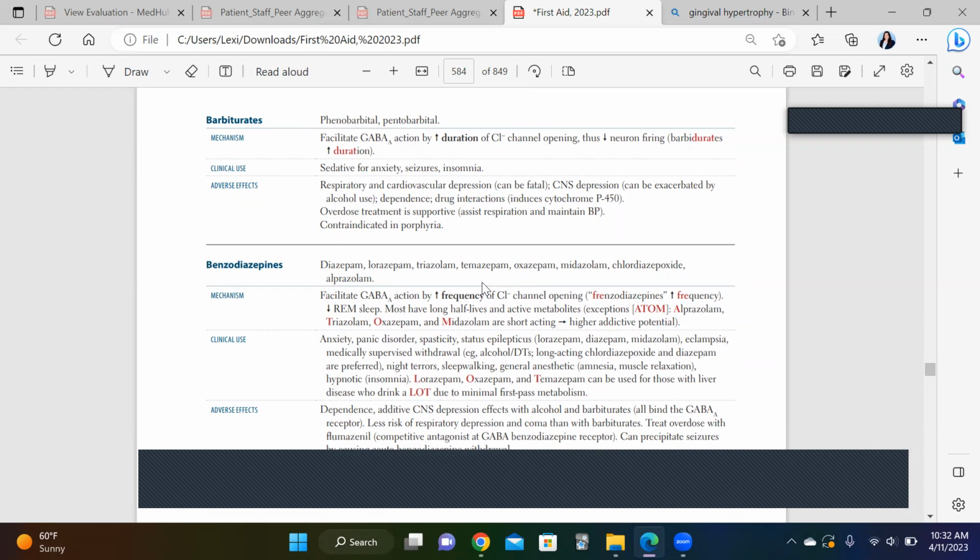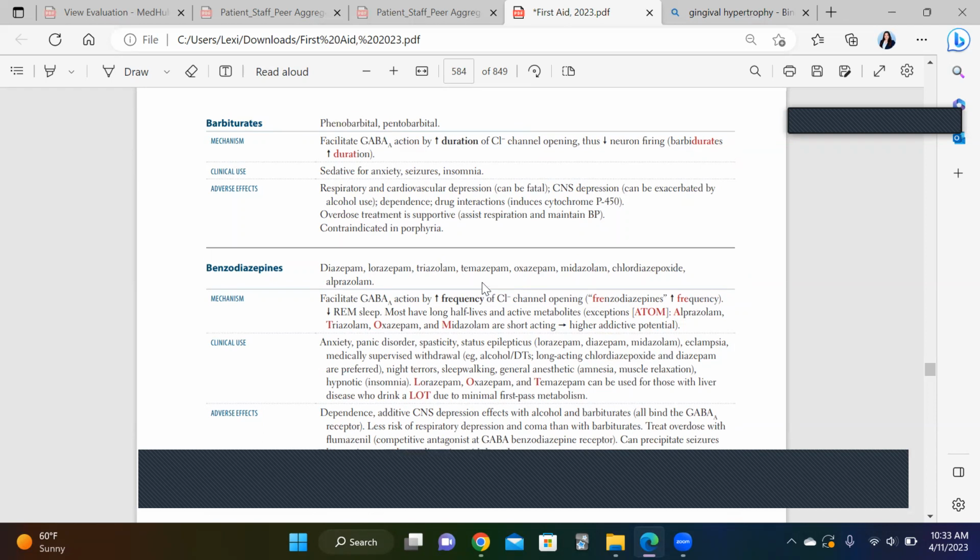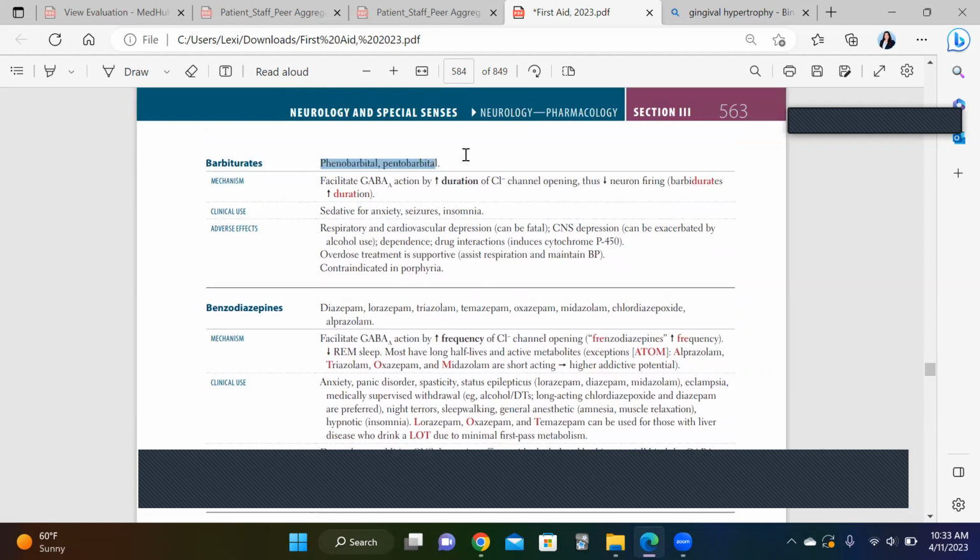So anytime you can use a benzo for something, you can also use a barbiturate for it. Maybe we use them both for alcohol withdrawal. We use them both for seizures. But we rarely use barbiturates because they're dangerous. Does that make sense? Yes. Okay, so phenobarbital or pentobarbital, never seen pentobarbital, but you can guess from the name, they're barbs.